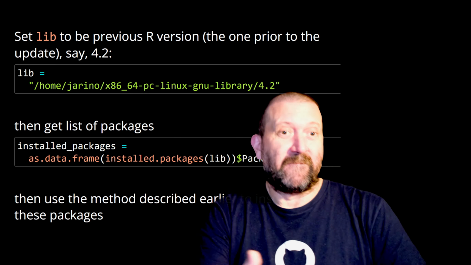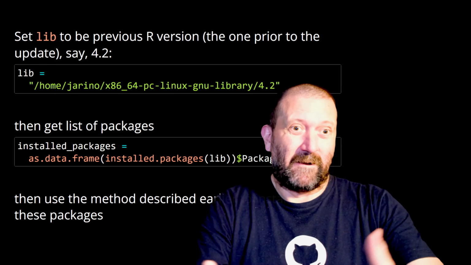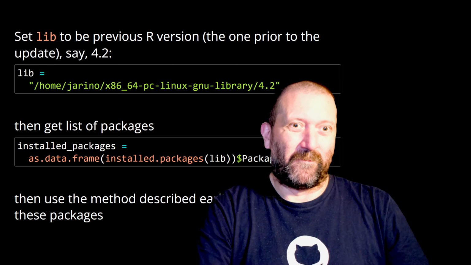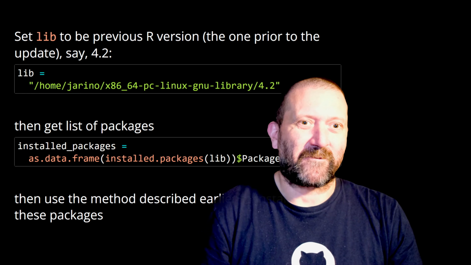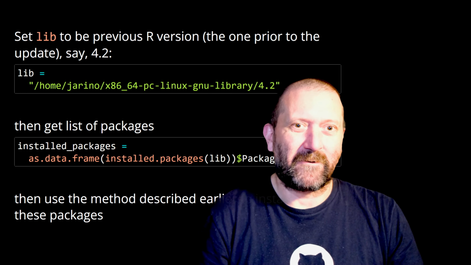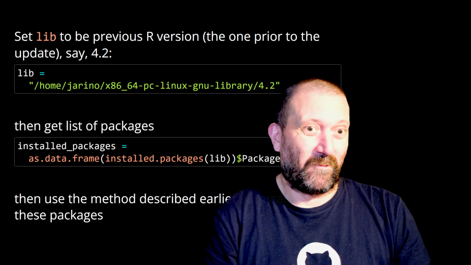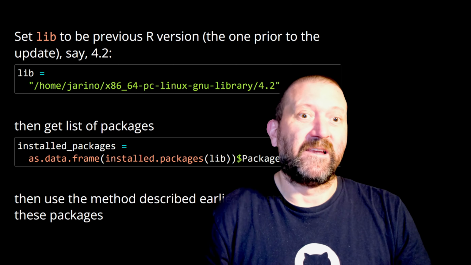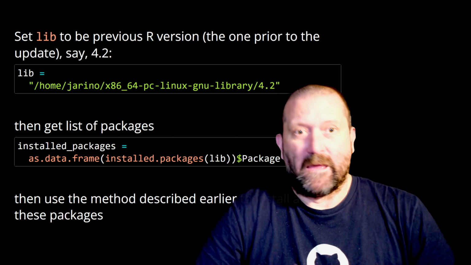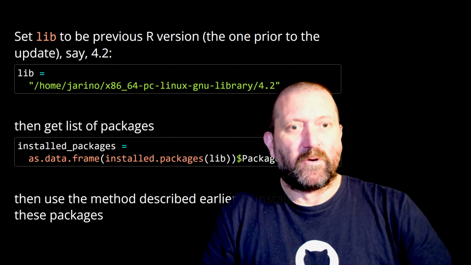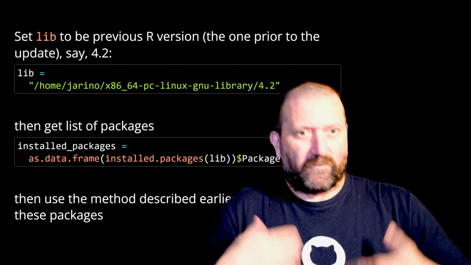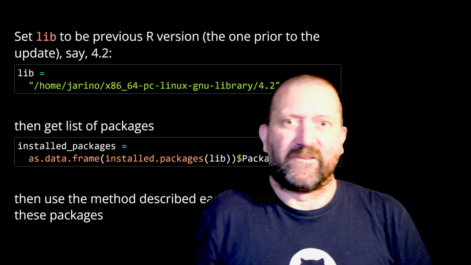When R went from 4.2 to 4.3, the main directory became 4.3, but here I'm asking it to look at 4.2. And I'm making a list of installed packages, and then I could use the same loop as I've used before to install each of these packages manually.